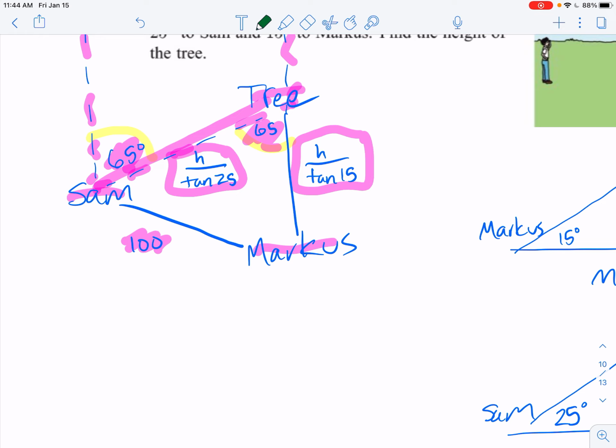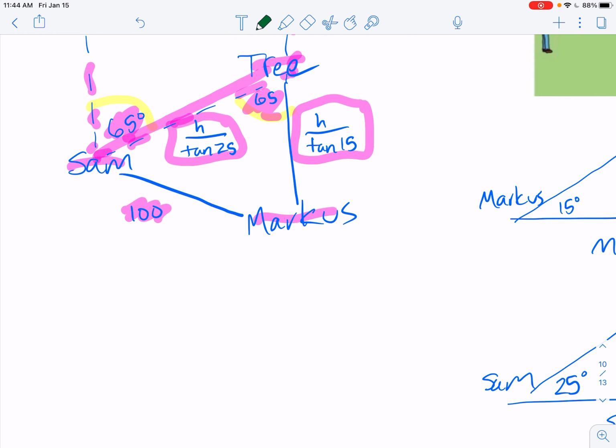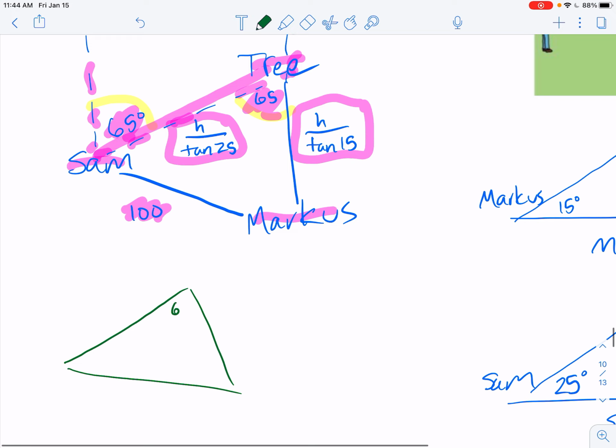Okay, so let me try and show you again what we're looking at. So now basically I have this triangle where I know that this is a 65 degree angle. I know that this is 100 meters. This is h over tangent of 25, and this is h over tangent of 15.